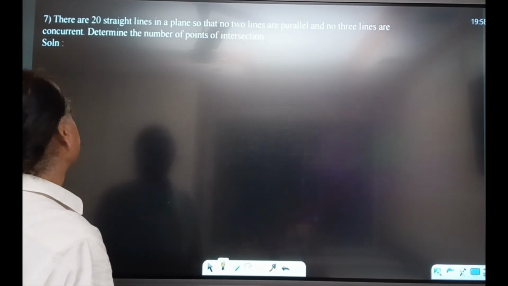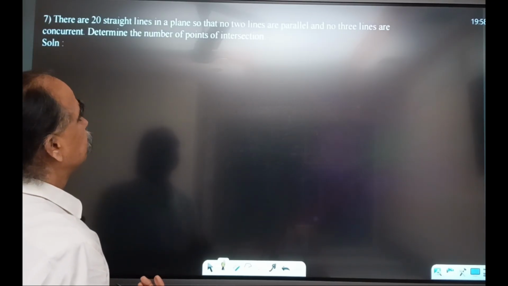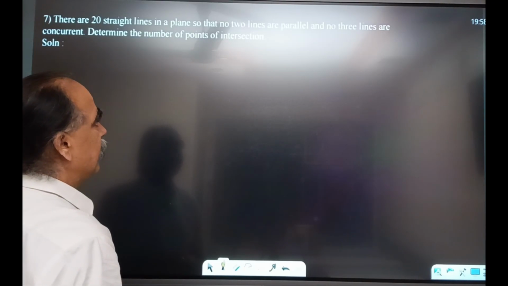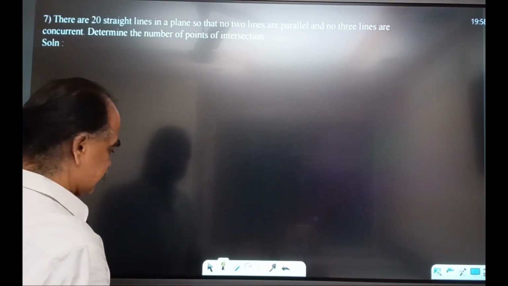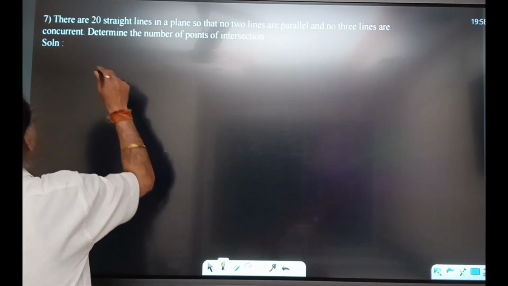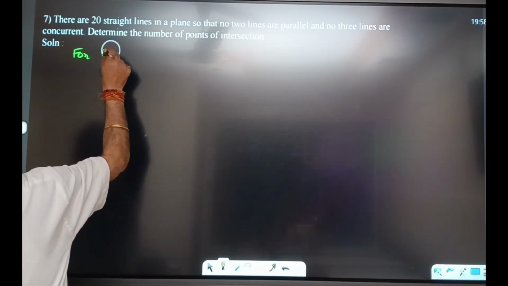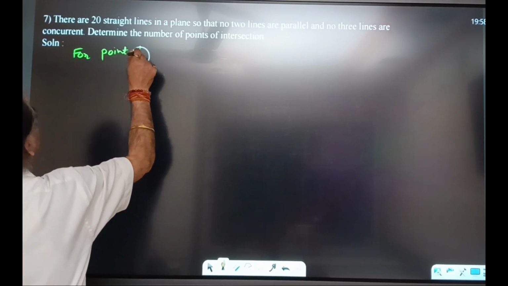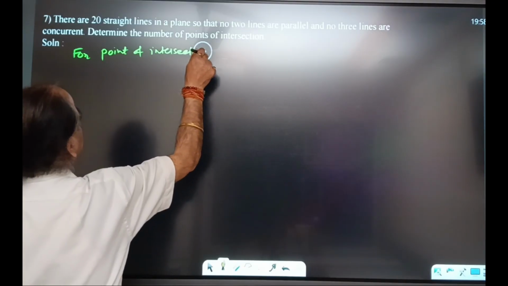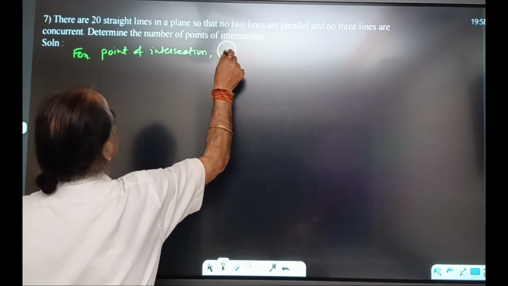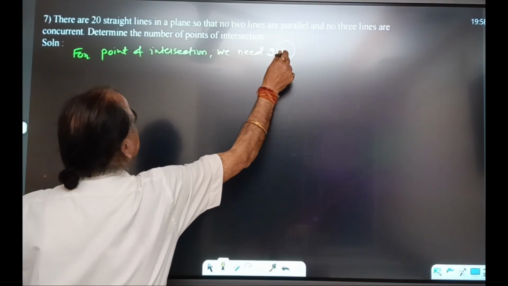Question number 8 is: there are 20 straight lines in a plane so that no two lines are parallel and no three lines are concurrent. Determine the number of points of intersection. For a point of intersection, we need two lines.